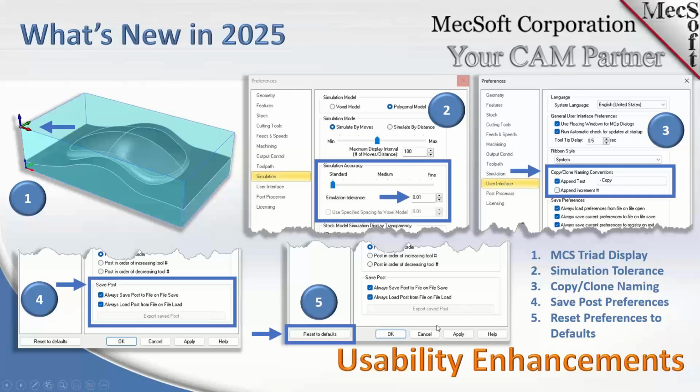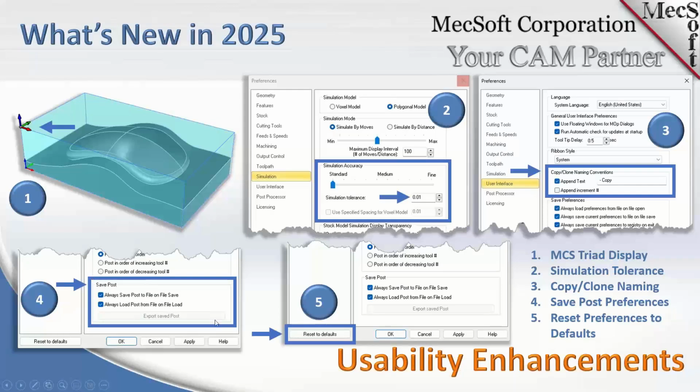So let's look over here at number 4. We've also on the post-processing tab, you can't see the tab here, but the post-processing tab of the CAM preferences dialog, we have these options now broken out to save the post to a file, or always load the post from a file when you open it.